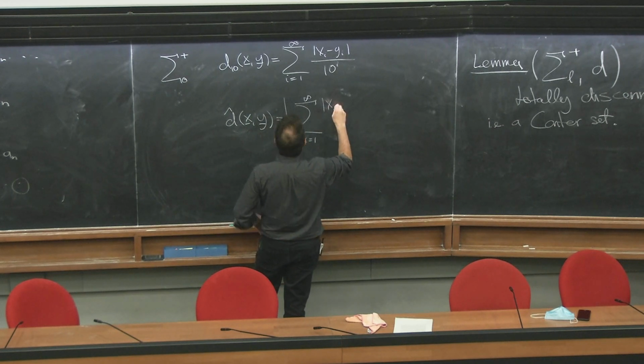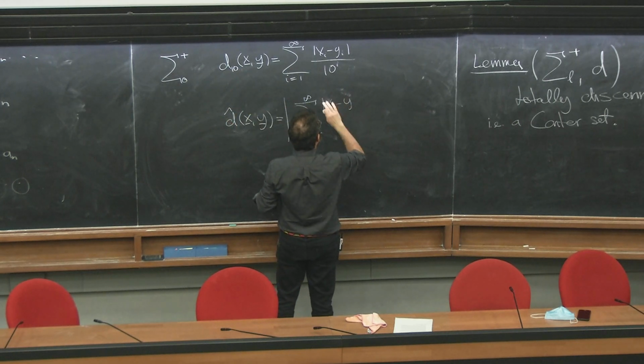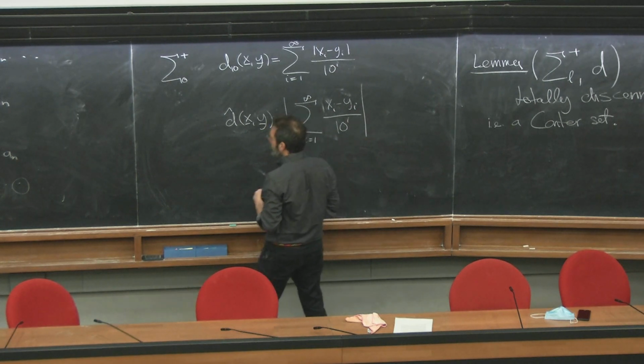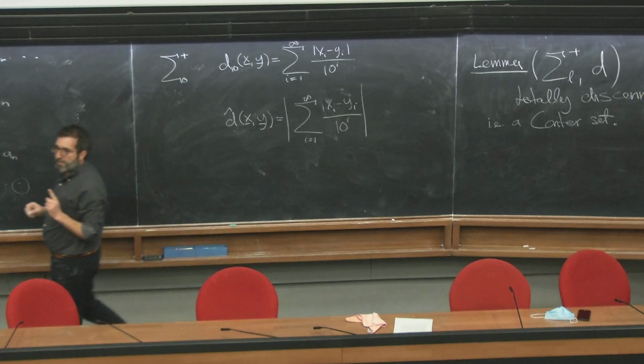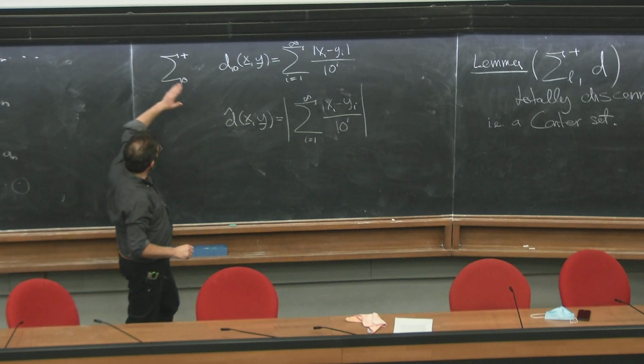This is not the Euclidean metric because this is not Euclidean space. But what do we get if we write it this way? Do we get a metric on the space? Is this a metric on the space?